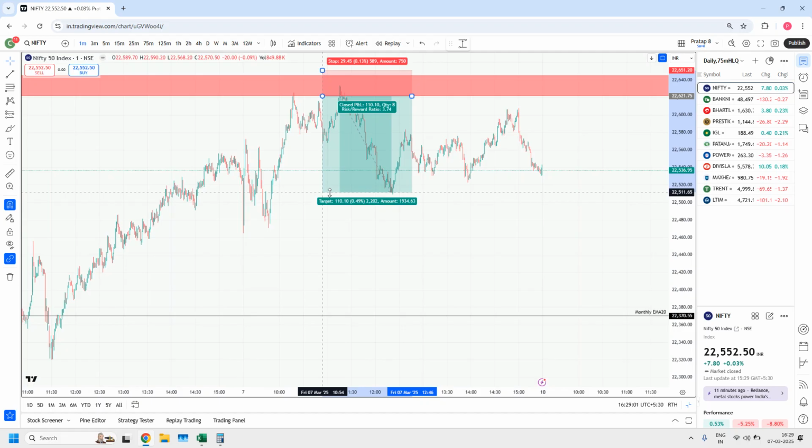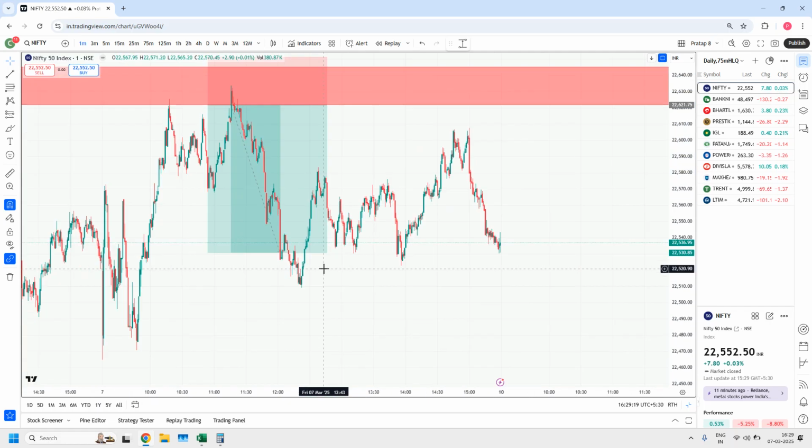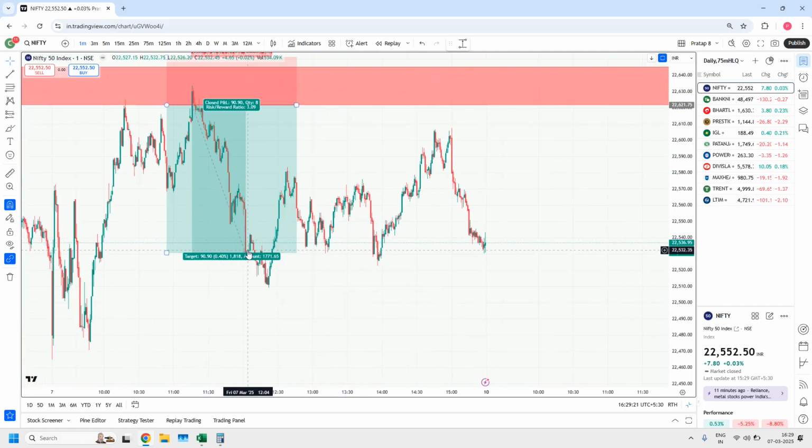It gave you 1:3.7 RR maximum, but 1:3 if you exit. Somewhere here you might have exited.